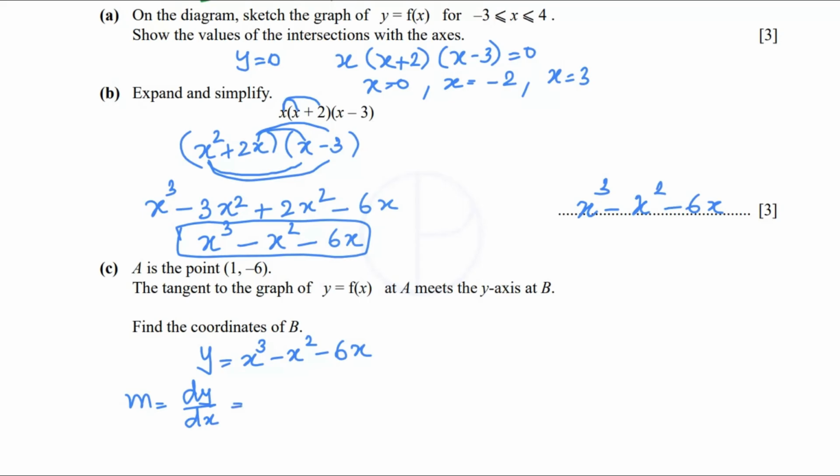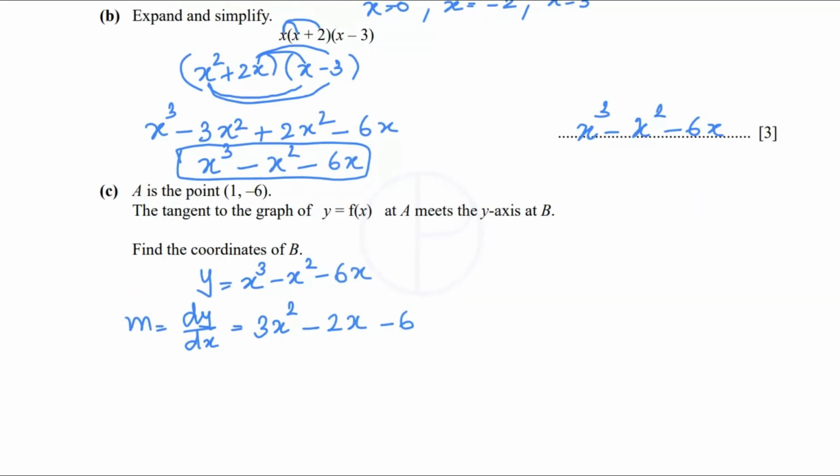Okay, so 3x square minus 2x minus 6. The gradient at the point 1 comma negative 6 is, substitute x as 1. So 3 times 1 square minus 2 times 1 minus 6 is 3 minus 2 minus 6. So this is minus 5.